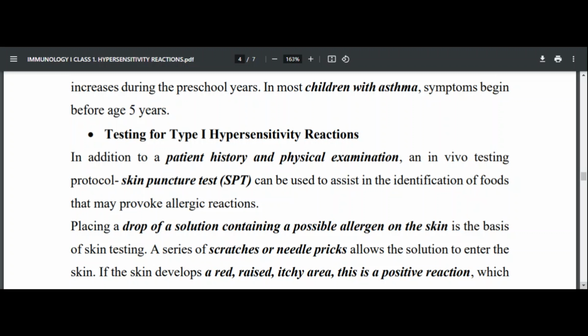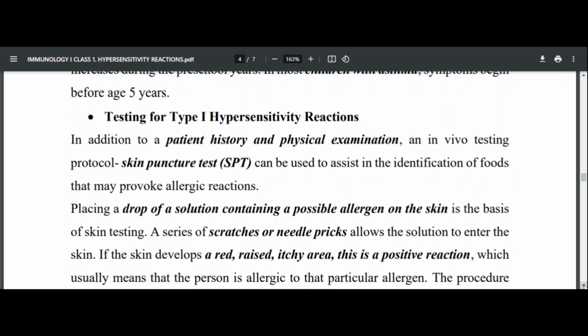So what we do is place a drop of solution containing a possible allergen on the skin, and a series of scratches or needle pricks are made, which allows the solution to enter the skin. If the skin develops a red, raised, itchy area, this is a positive reaction, and it means this patient is allergic to that particular food.